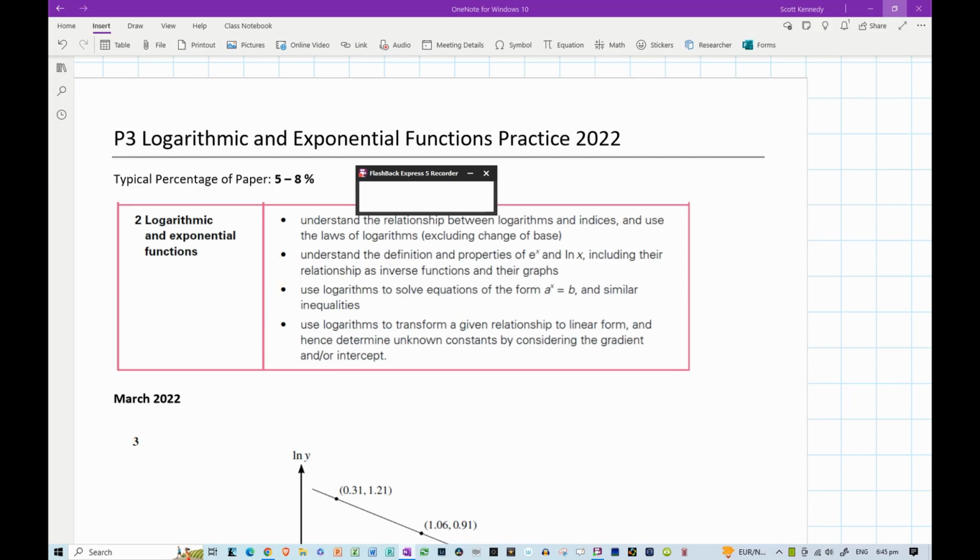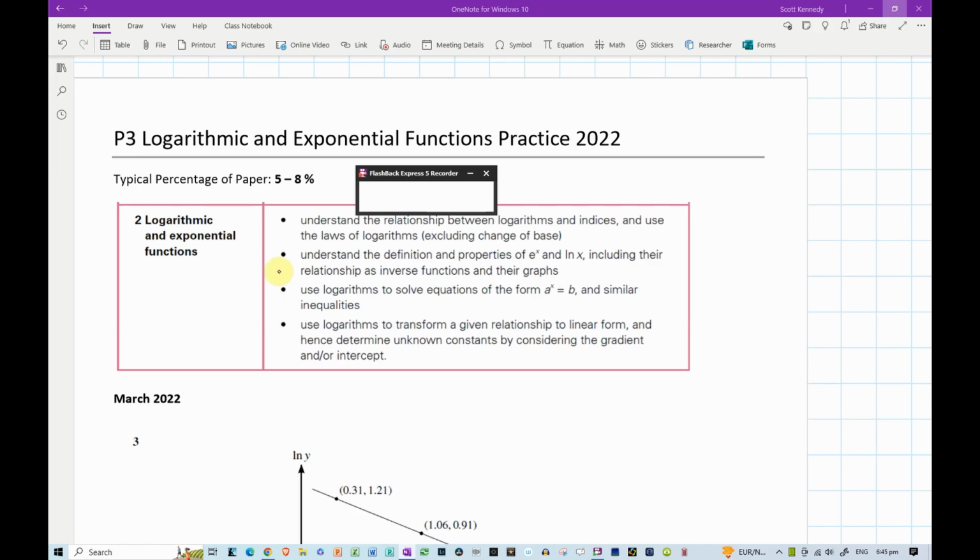Okay, now once I know that n is 4/5, I can rewrite the equation going back to, say, this step here. I can now use that 4/5, so I can say 4/5 ln x plus 2 ln y equals ln c. And then I'll use one of those points. So I'm going to use the first point, and they are the values of ln x, that's 0.31, and ln y.